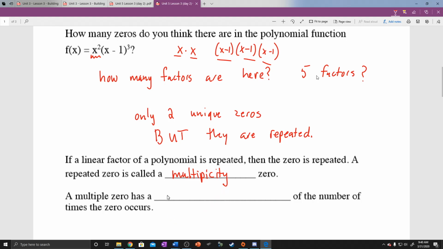A multiple zero has a repetition of the number of times the zero occurs. This sentence maybe doesn't make sense, but basically the zero is repeated, right? That's the main idea.